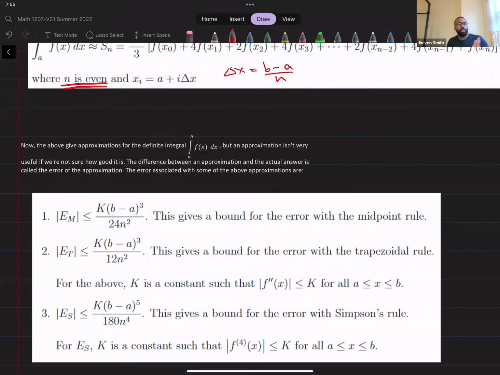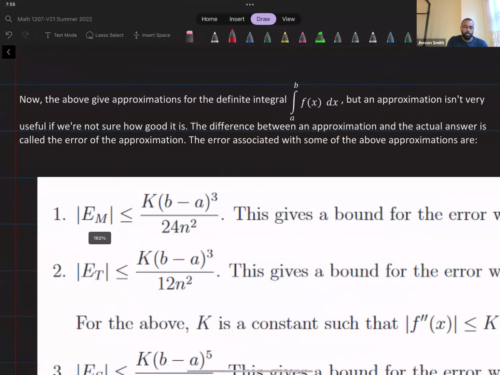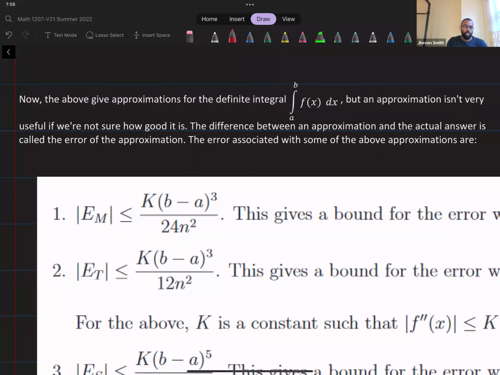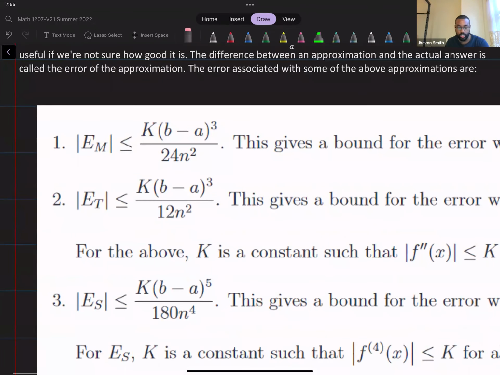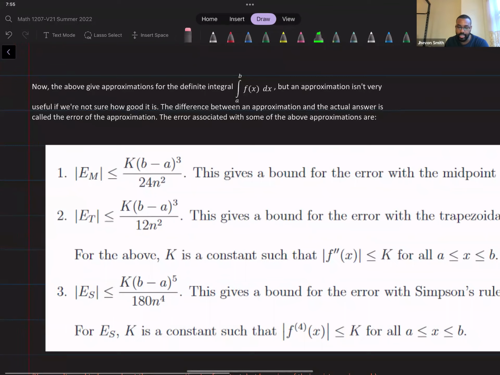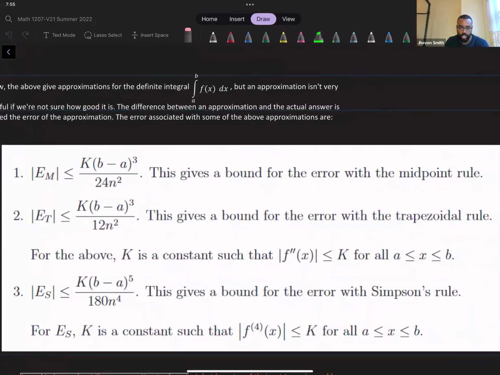So there are some formulas here that give you a worst case scenario, like this is the worst off you can actually be by using one of these rules. So E sub m is for the midpoint rule. You can do a calculation to tell you, when I use the midpoint rule, how far away from the actual answer could I possibly be? You can do this for the trapezoid rule, and you can do this for Simpson's rule. And in the above, k is a constant such that this is true.